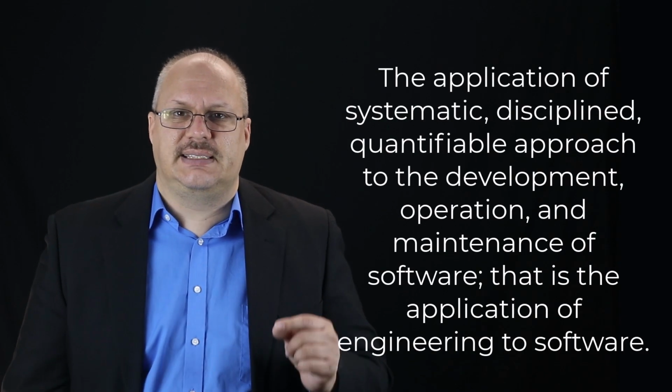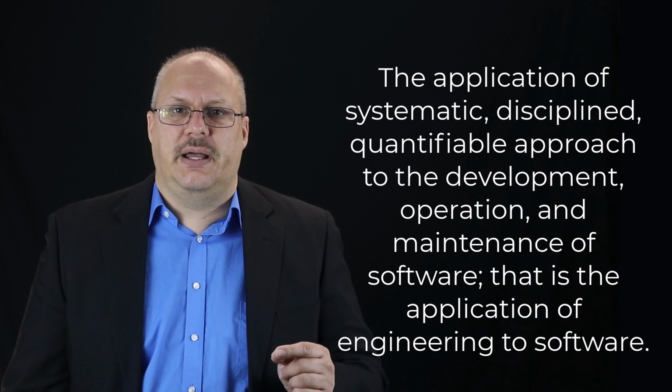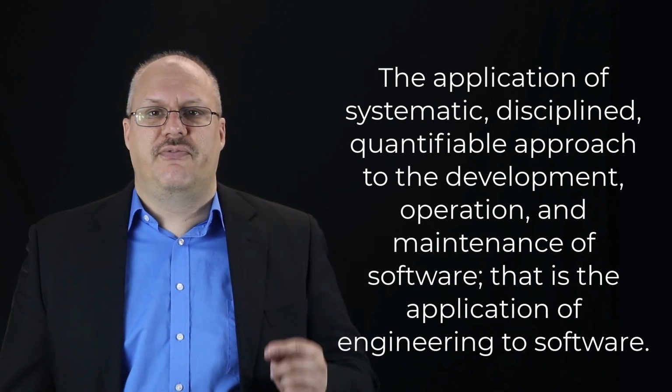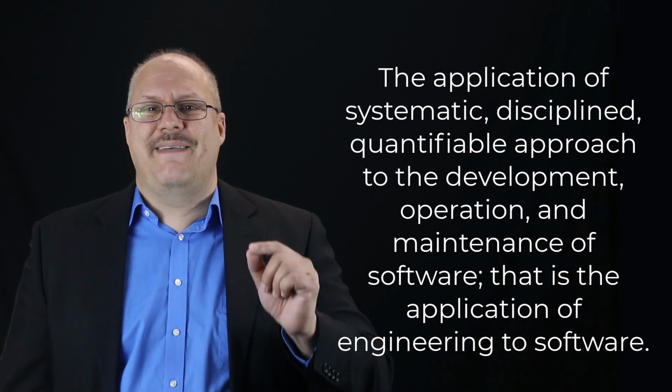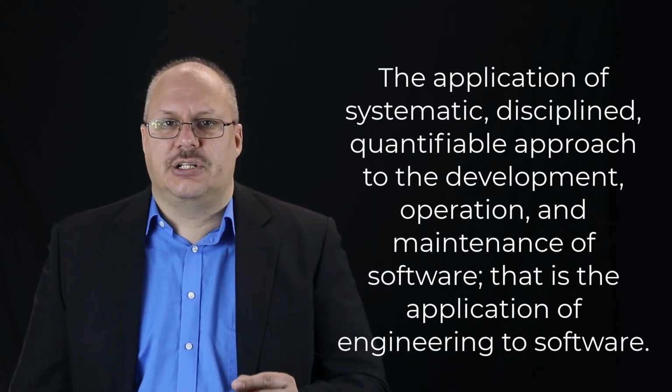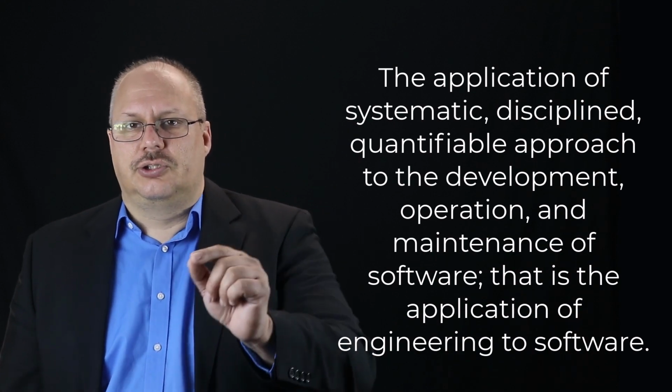So what is a software engineer going to do? Well, the IEEE says that software engineering is the application of systematic, disciplined, and quantifiable approach to the development, operation, and maintenance of software. That is the application of engineering to software. So it's taking those same ideas.